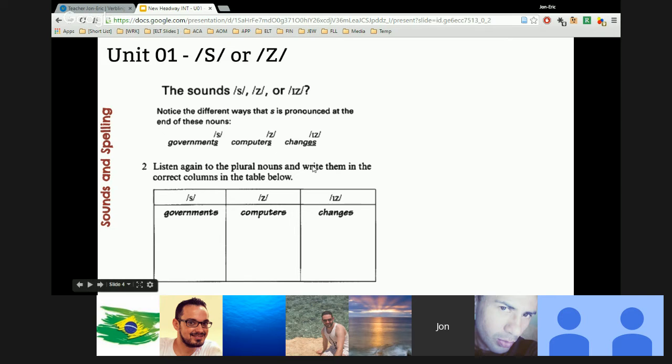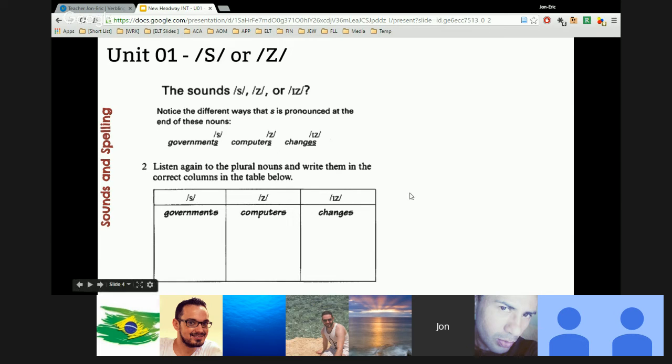Listen again to the plural nouns and decide which column they go into. In this particular case, because we've already done this, I'm just going to read it once and tell you what goes in which column.